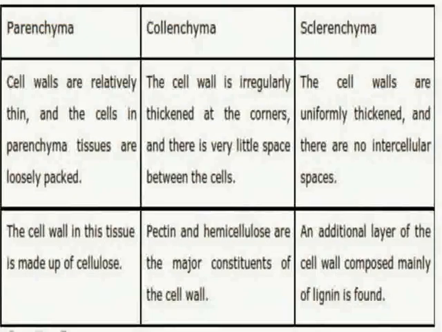Now you can see the differences between these three types of tissues. The parenchyma cells are relatively thin and the cells in the parenchyma tissue are loosely packed. Whereas the cells in case of collenchyma are irregularly thickened at the corner and there is very little space between them.